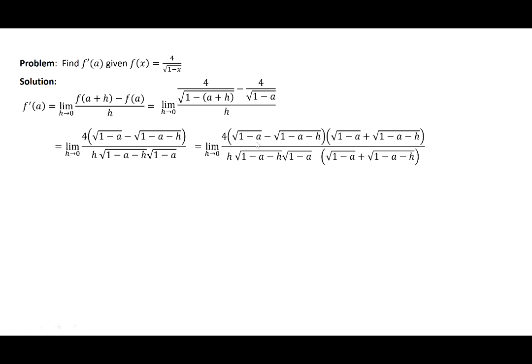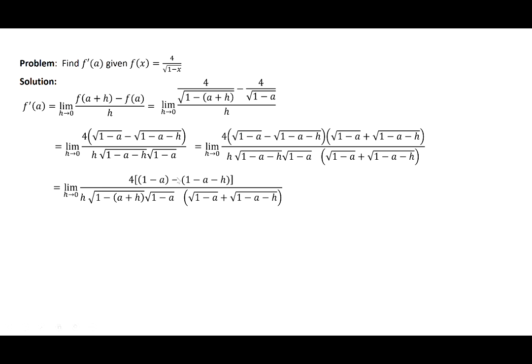This thing is a minus b times a plus b, which is a square minus b square, which means the square roots disappear and you just get 1 minus a minus 1 minus a minus h, like this. And I didn't touch the denominator, I just left it the way it is. Cool?